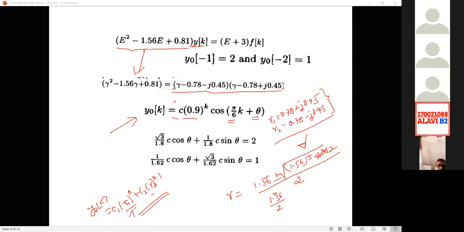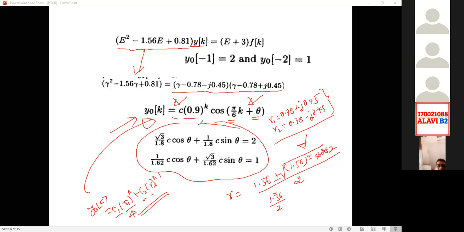In this equation, you have two unknowns, C1 and C2. But when we put it into trigonometrical form, still you have two unknowns. One will be C, another will be theta. So you put your initial values there, then your equation will be something like this. You solve for C and theta.